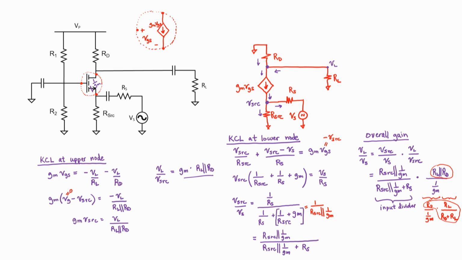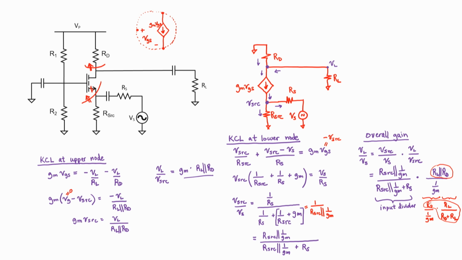Dividing it like this, though, gives us three distinct stages in our expression for the gain: an input voltage divider, a gain segment, and an output voltage divider. We can then see that the gain of a common gate amplifier can be thought of as the resistance looking up in this direction down here in the denominator, and the resistance looking up here in the numerator.